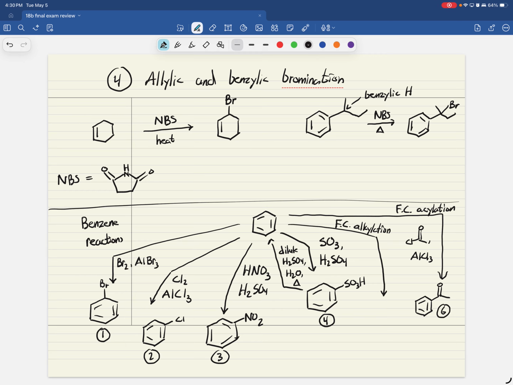In this case, we will use something like CH3Cl, so any kind of alkyl group, and the Lewis acid is the same, aluminum trichloride. This one suffers from polyalkylation, CH3. All right, that's reaction 5.